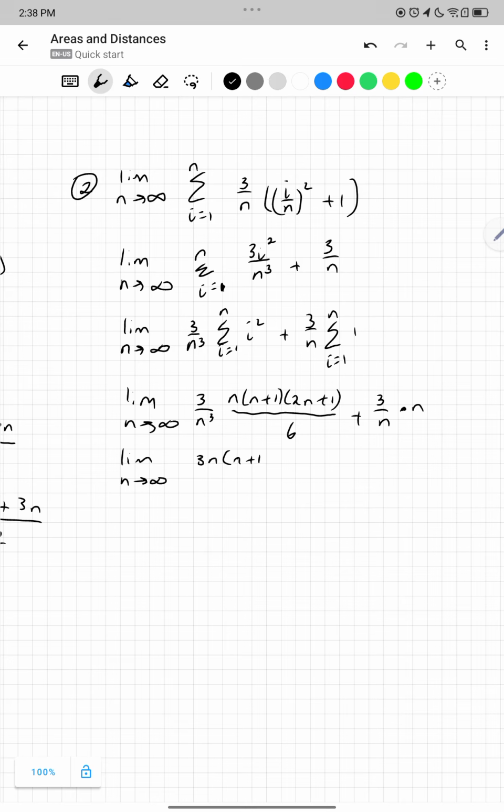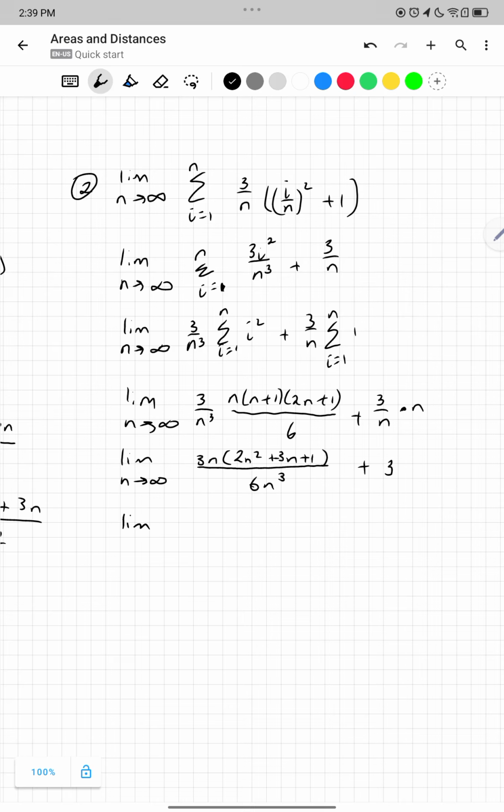Okay, let me just multiply these out. I have 2n squared plus 3n plus 1 over 6n cubed plus 3.